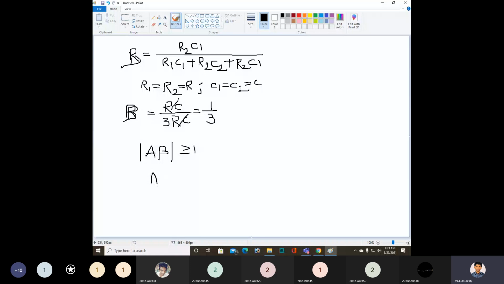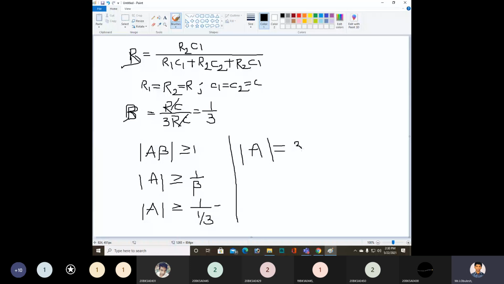You know the beta value, right? Mod A is greater than or equal to 1 by beta, which is 1 by 1 by 3. That equals mod A greater than or equal to 3.